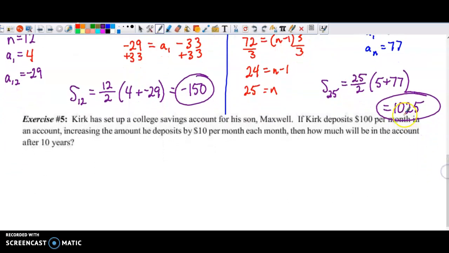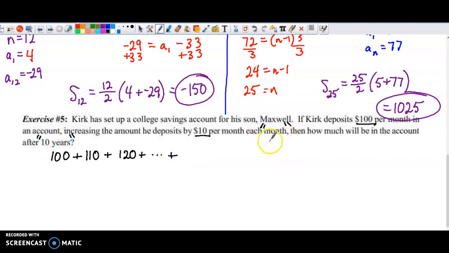The very last question is really awkward because not very many people would do this, but let's just hypothetically say that somebody did this, where we put $100 into somebody's account, and then the next deposit is $10 more, so 110 plus 120 plus so on and so forth each month for 10 years.